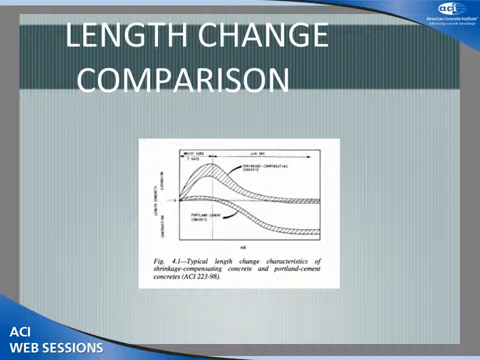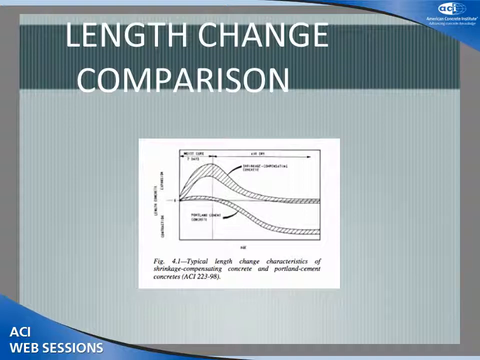Note that the expansion mechanism is active for about 7 days after the placement. A shrinkage-compensating concrete goes into its shrinkage phase and the concrete volume returns approximately to the same volume at 28 days.